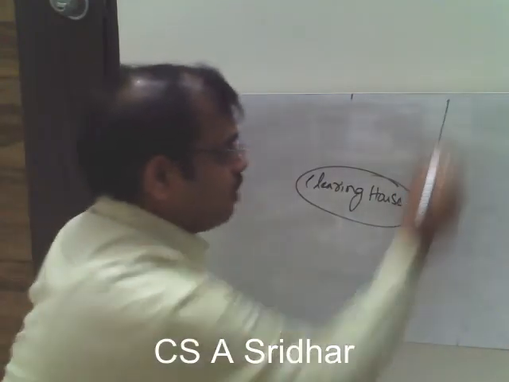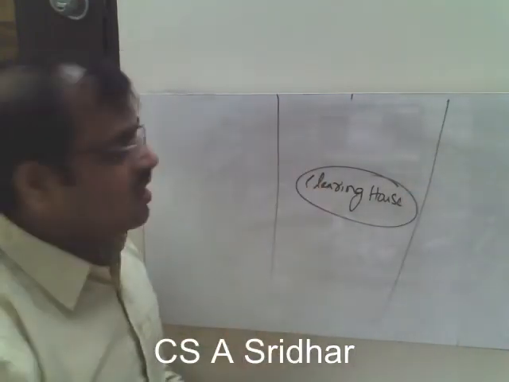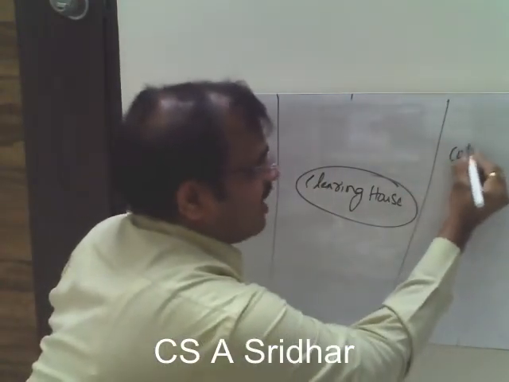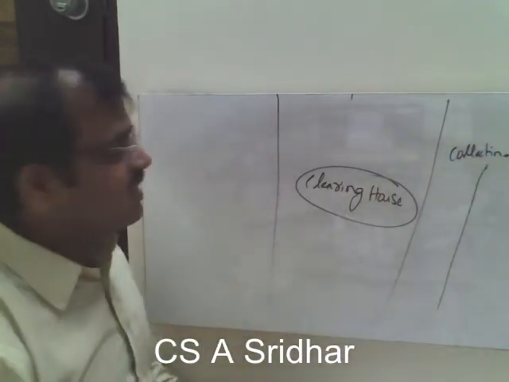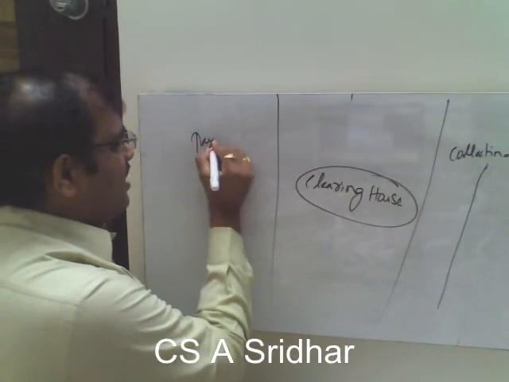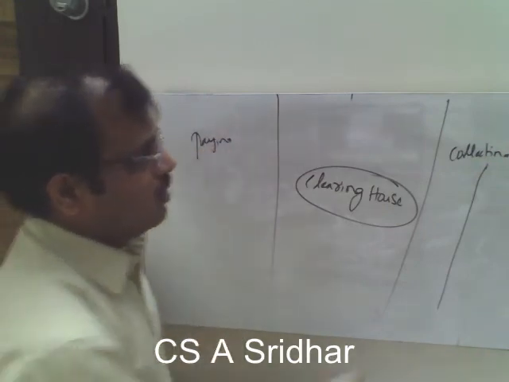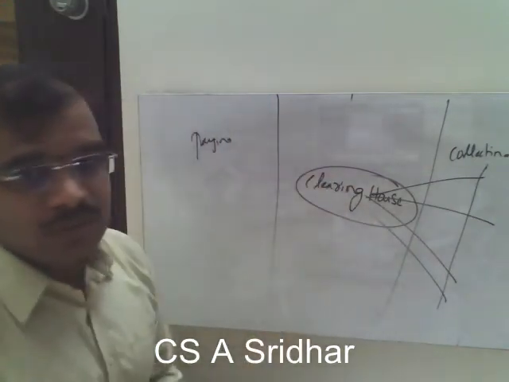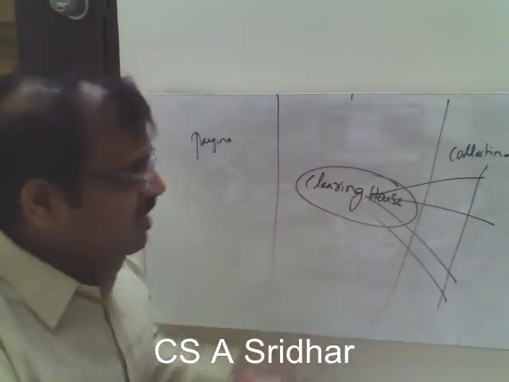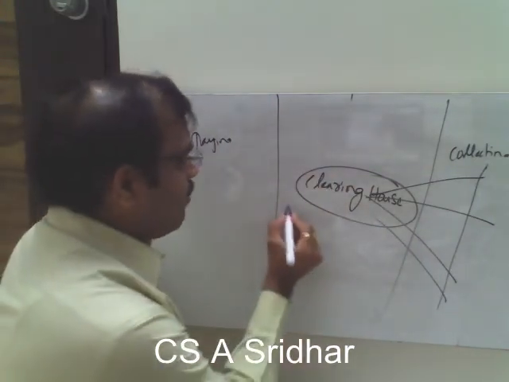Clearinghouse. That means whoever is the collecting banker, here you can have so many collecting bankers and paying bankers. These collecting bankers will deposit the checks with the clearinghouse. This clearinghouse will sort it out based on the banks.